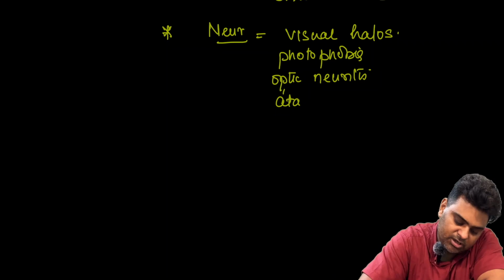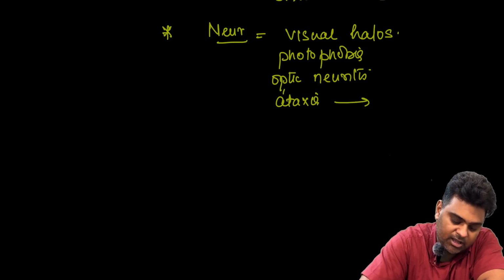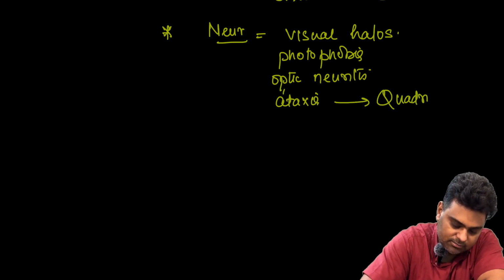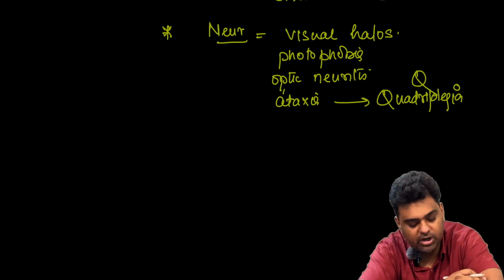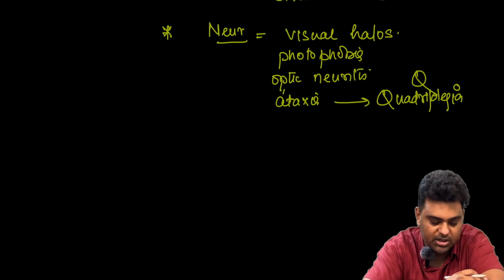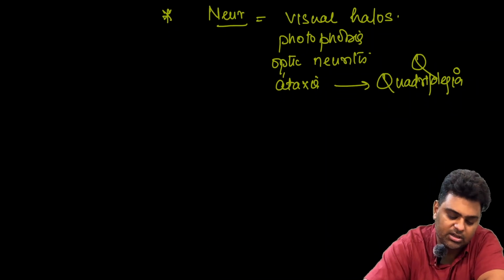Some patients can develop ataxia and rarely quadriplegia. But yes, amiodarone can cause quadriplegia. Okay, so these are the neuro and eye complications.